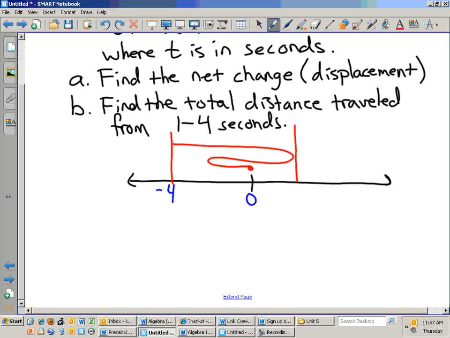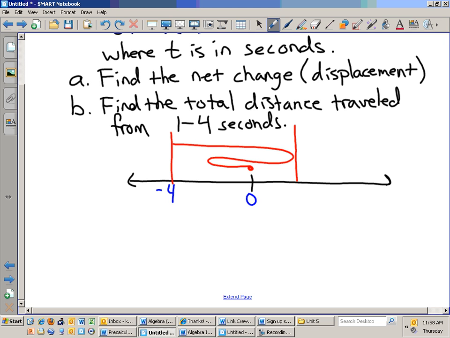How far has the object moved from its original position? It's just moved 4 units, or -4 units, from its original position. Now, what were you going to say, Brady? Because that brings me to my next point. Right, so its displacement would only be 4 units, but its total distance traveled would be this entire piece.